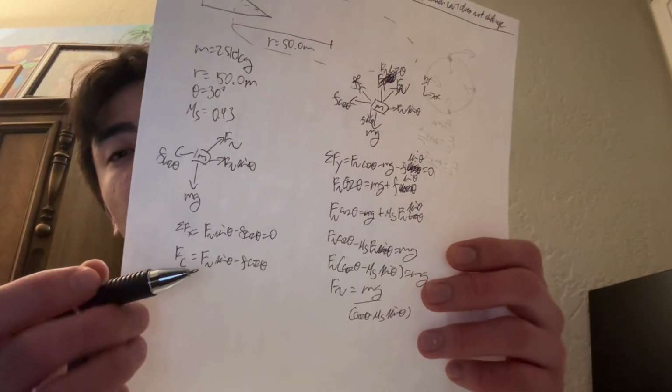Now we can say our centripetal force is equal to this whole thing, this normal force sine theta minus our whole sum of x forces. So it'll look something like this, where you have centripetal force equals normal force sine theta minus friction cosine theta.